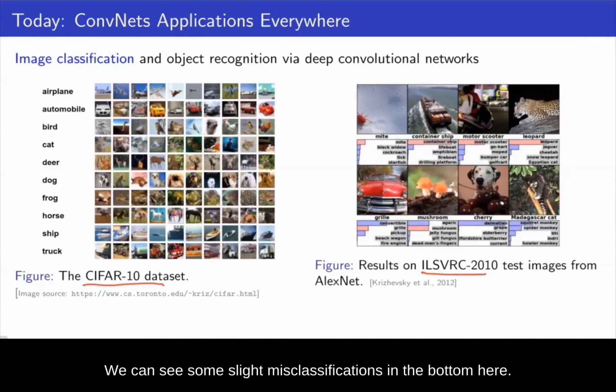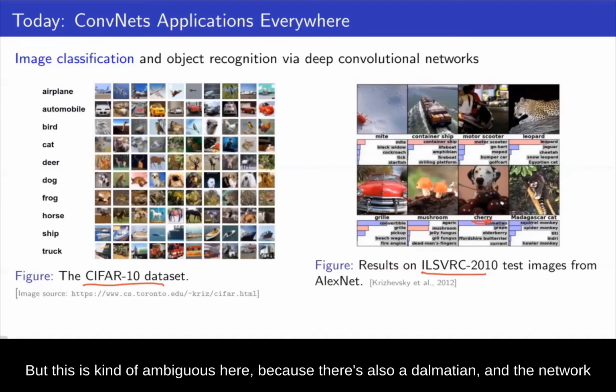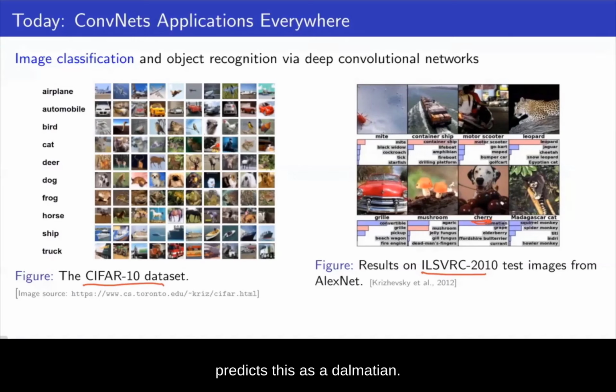We can see some slight misclassifications at the bottom here. Here you can see that there is a dalmatian as well as some cherries. The correct answer is supposed to be cherry, but this is kind of ambiguous because there's also a dalmatian, and the network predicts this as dalmatian.